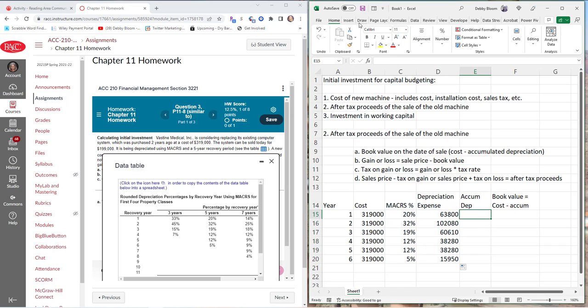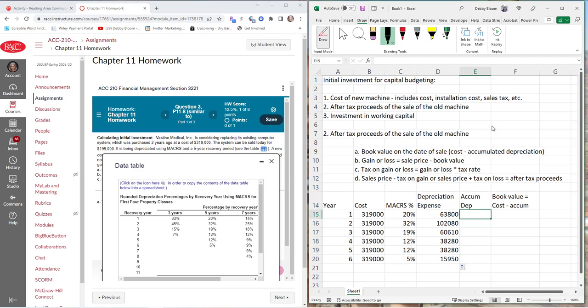So now for the accumulated depreciation, for year 1, it's just going to be $63,800. For year 2, it's going to be $63,800 plus $102,080, everything to date.